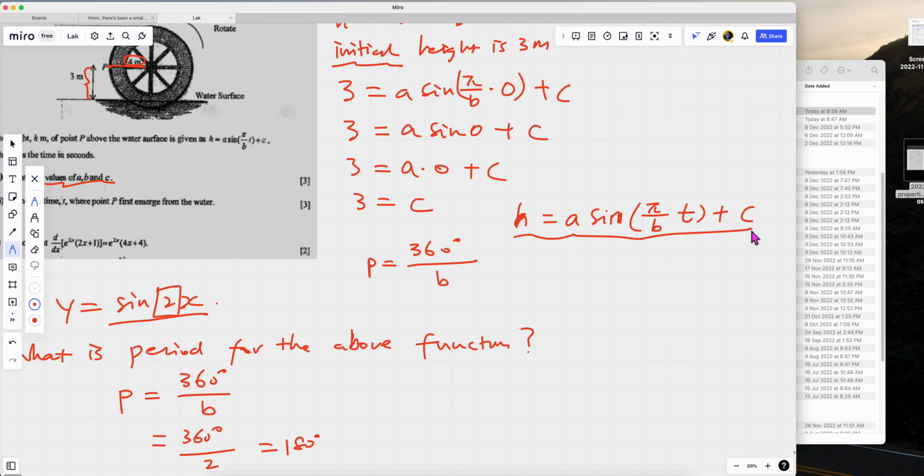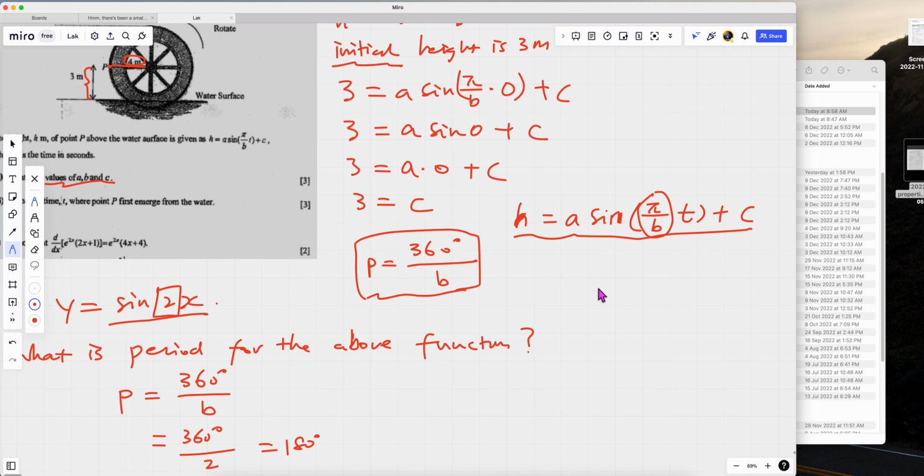So this is the sine function. When it is a sine function, the formula to find period is P equals 360 divided by b, and in this case the b is whatever is in front of your t. Yeah. So you put it in.